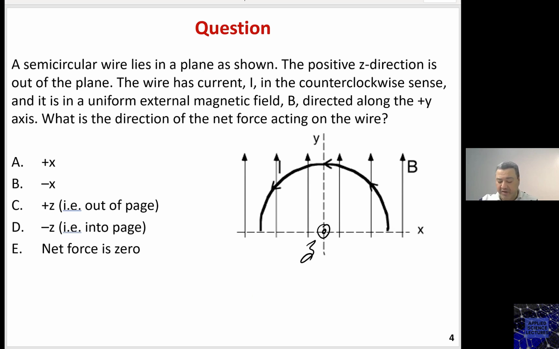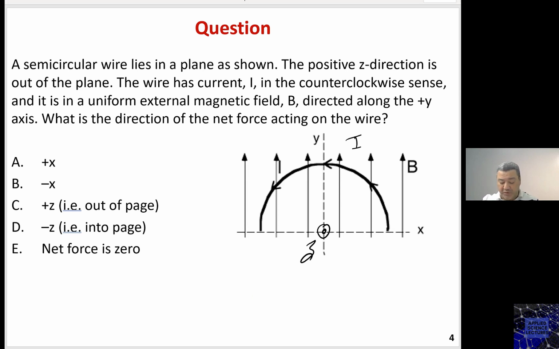The wire has a current I in the counterclockwise sense, and it is in a uniform external magnetic field directed along the positive y-axis. What is the direction of the net force acting on the wire? So I'm interested to know the direction of the net force acting on that wire.